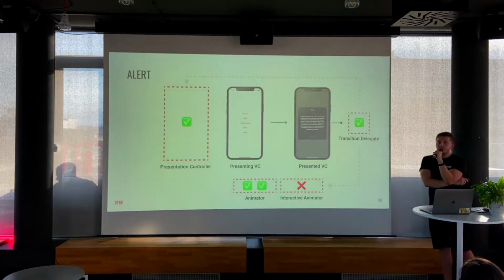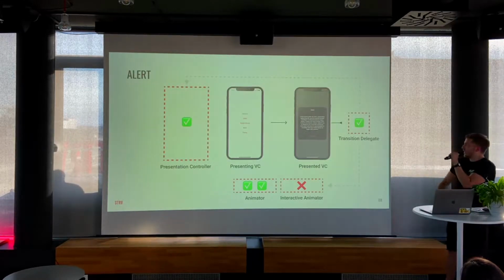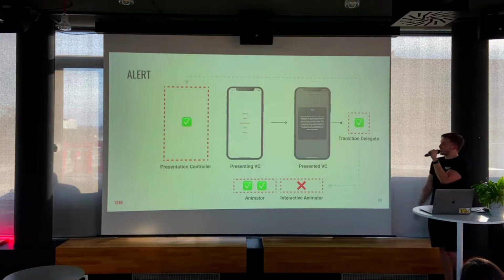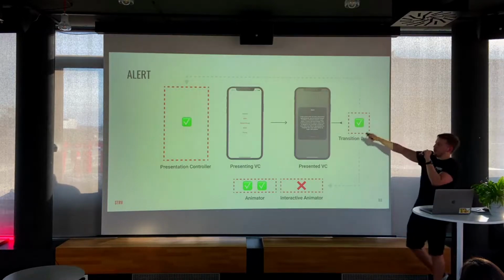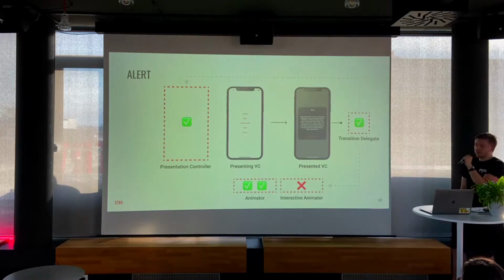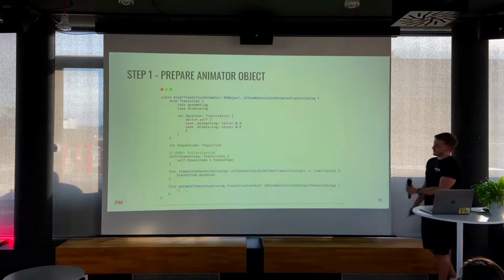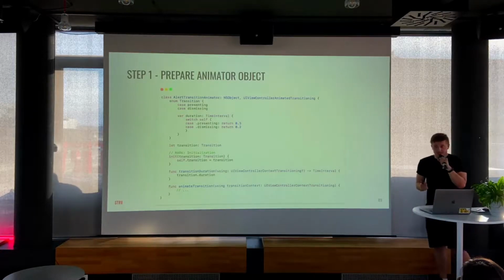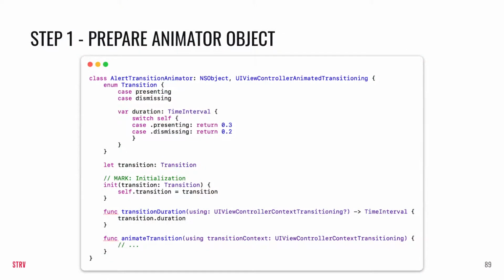You know how we want to do it. Again, we'll take care of transition delegate. We will create almost same presentation controller, and this time we will provide animator object. Nice thing is that for both transitions, presentation and dismissal, you can use the same object, but it's handy and quite needed to know which transition is happening.